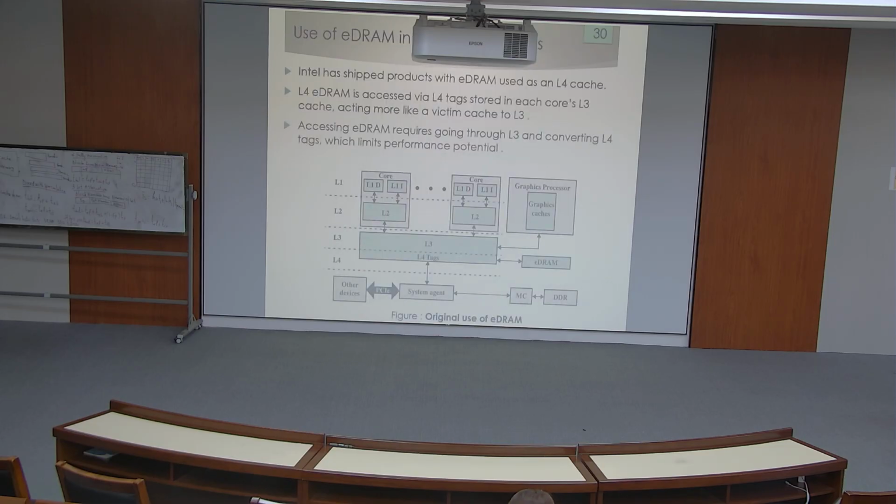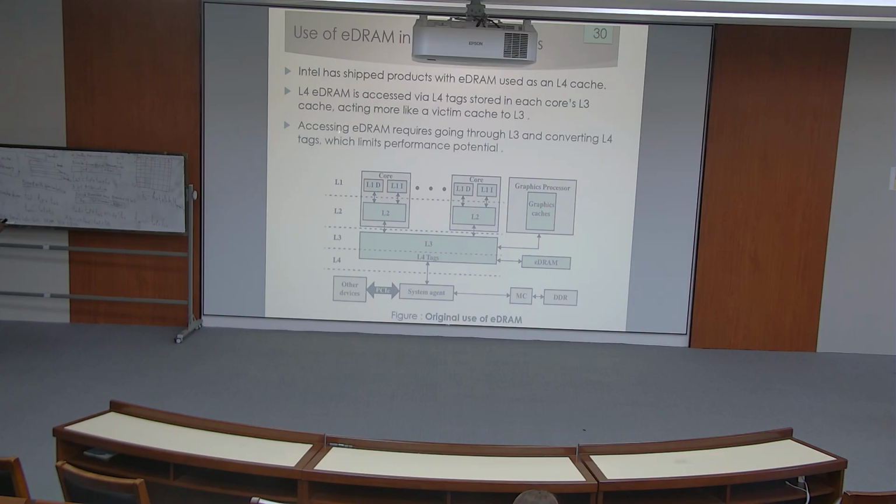Now, the main question: what is the use of the EDRAM in the Intel Core system? If you still remember, Intel ships products with embedded DRAM used as level 4 cache.